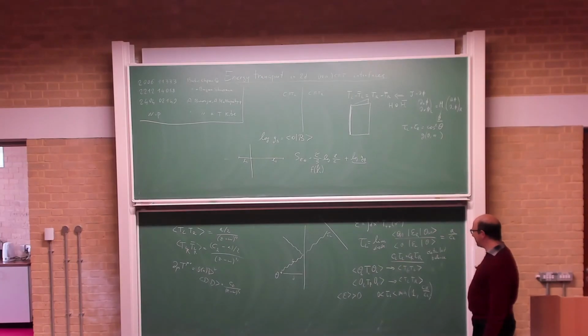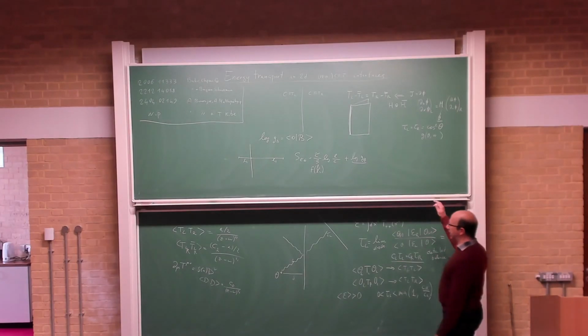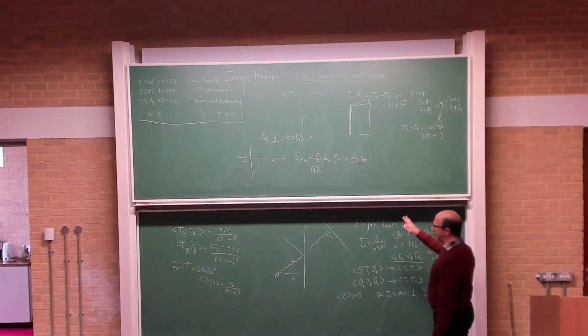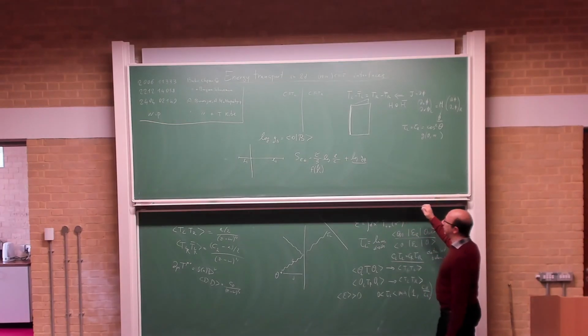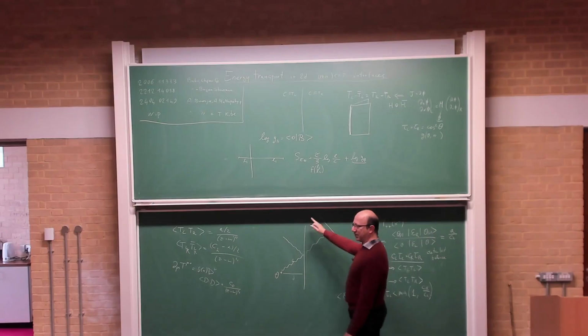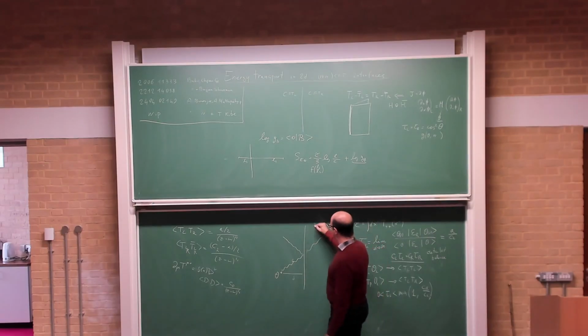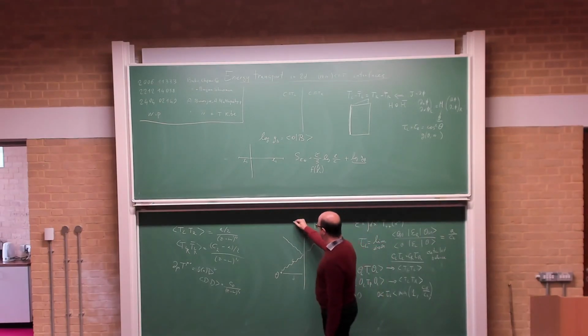Well, the most physical way I know to interpret it is to say that if you put the theory at finite temperature, you will find that there is a flux of energy, of course depending on this transmission coefficient.